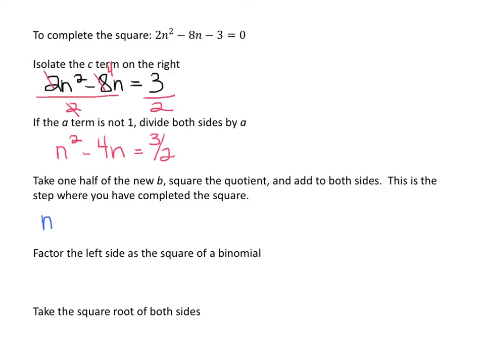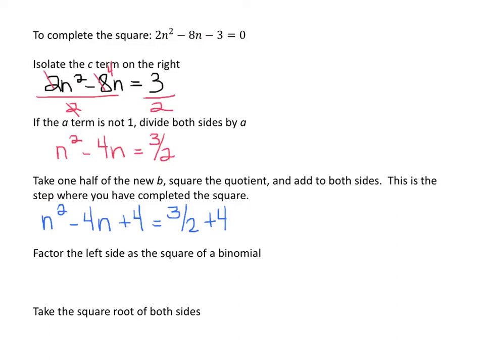So I have n squared minus 4n plus 4 is equal to 3/2 plus 4. What we have done here is we have created a perfect square trinomial. This is the step where we actually complete the square.